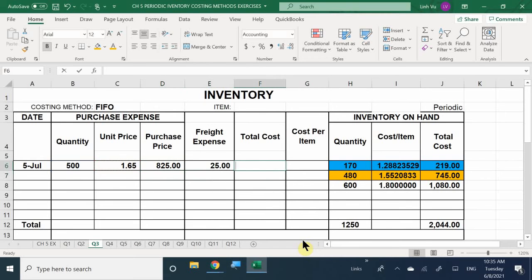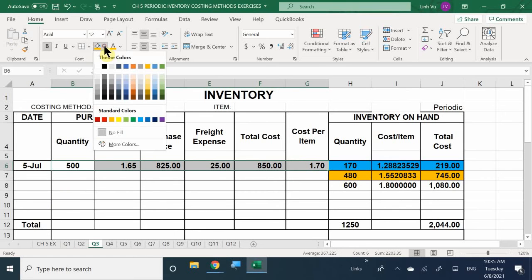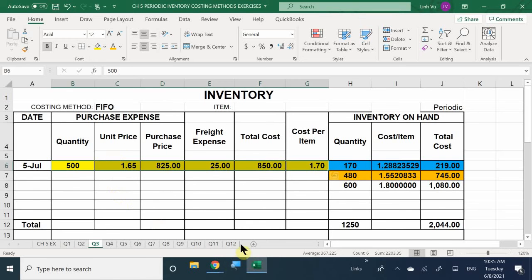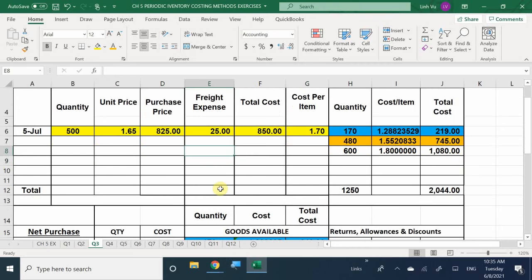All right. And then my total cost, $850, with a cost per item of $1.70. In this case, I'm going to associate this with a color for now. I'm going to choose yellow. So this is my yellow batch. All right, there we have that one.